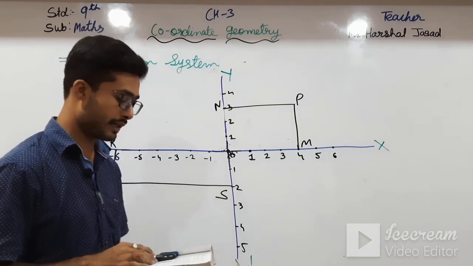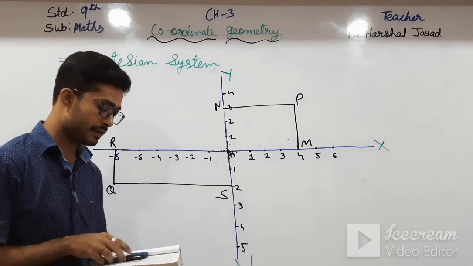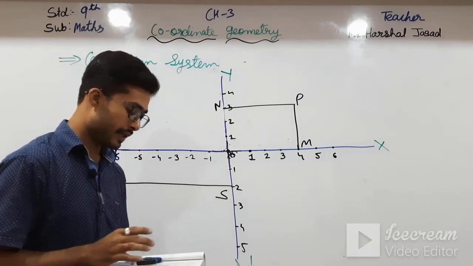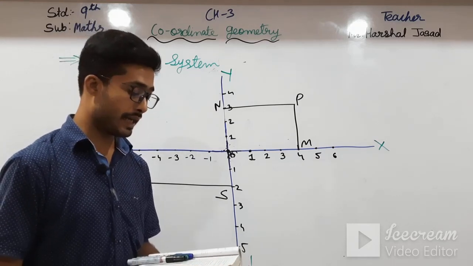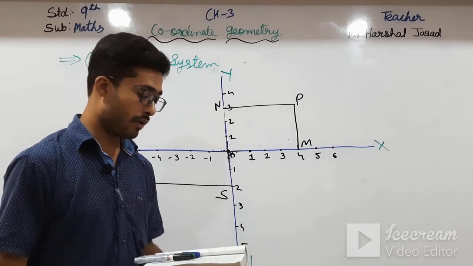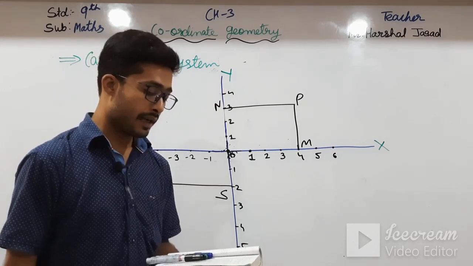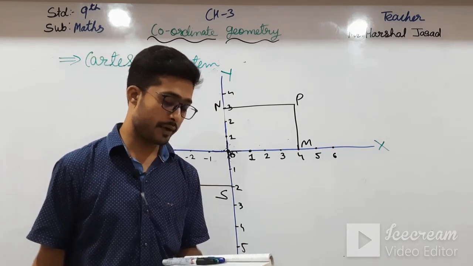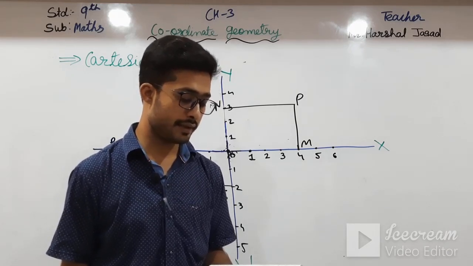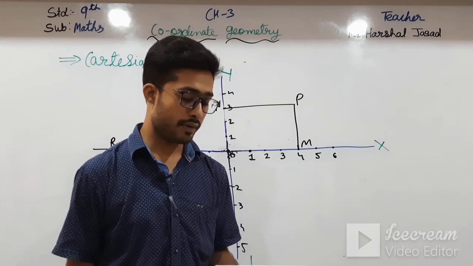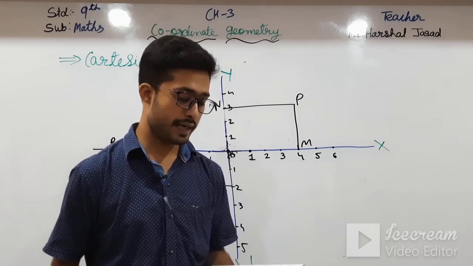The x coordinate is also called the abscissa. Now the second point: the y coordinate of the point is its distance from the x-axis measured along the y-axis. For the point P it is +3, and for Q it is -2. This y coordinate is called the ordinate.